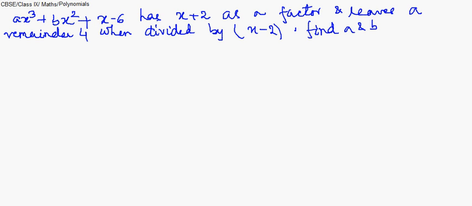First it says x plus 2 is a factor. That means if I substitute x as minus 2, the remainder will be 0, thereby giving me an equation. So I substitute in f(x) as f of minus 2. So it is a times minus 2 to the power 3, b remaining as it is, again substituting the x value with minus 2.